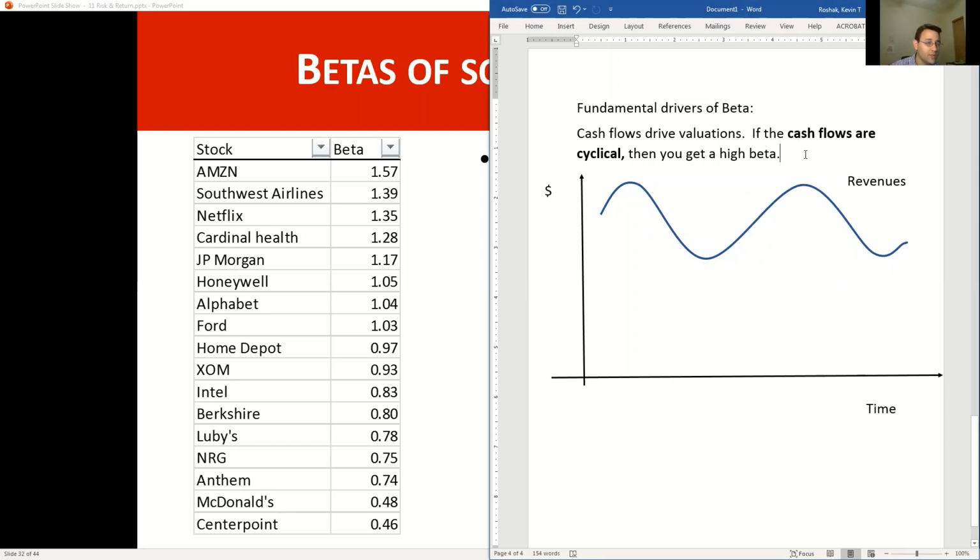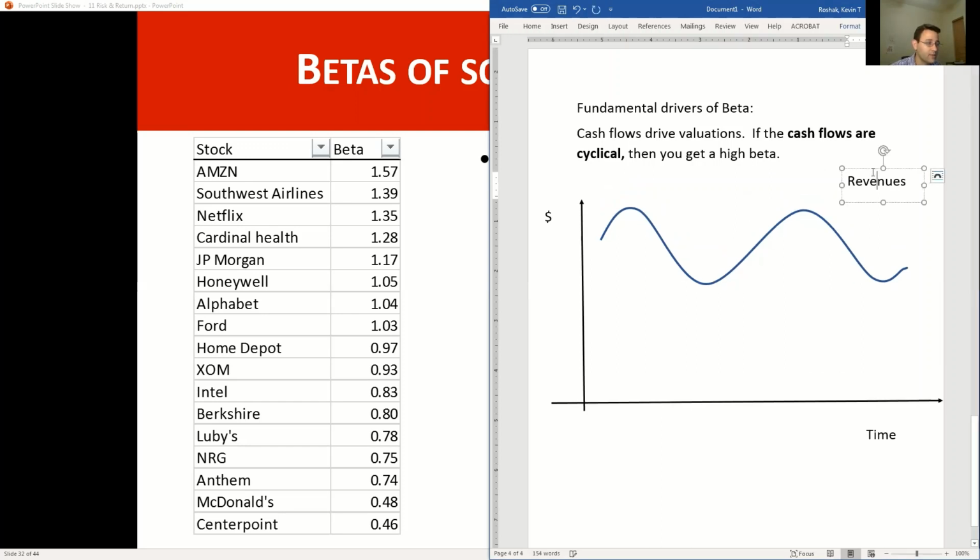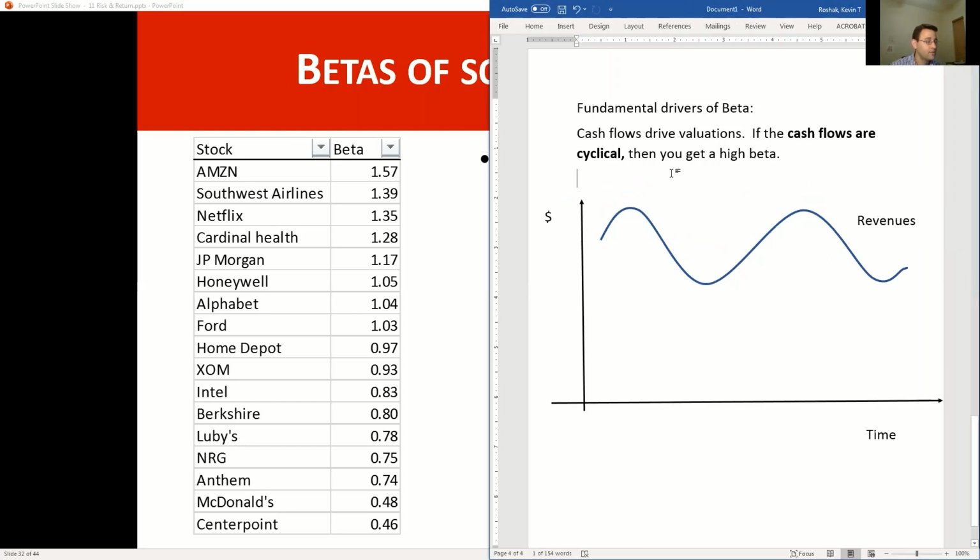What would be something else that could drive cyclicality in your cash flows? Well, remember that the cash flows that the company is generating, roughly speaking, we're not going to go into the details of free cash flows again. Kind of roughly speaking, you can think about your revenues minus your expenses being your cash flows. Obviously, we know there's CAPX and there's other, net working capital and stuff that goes into it.